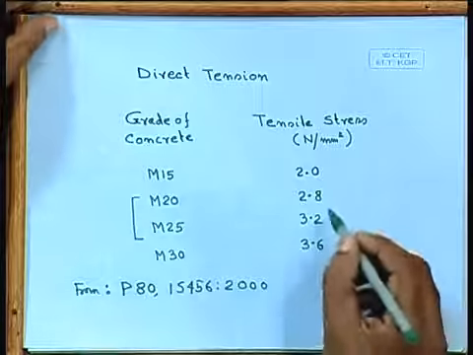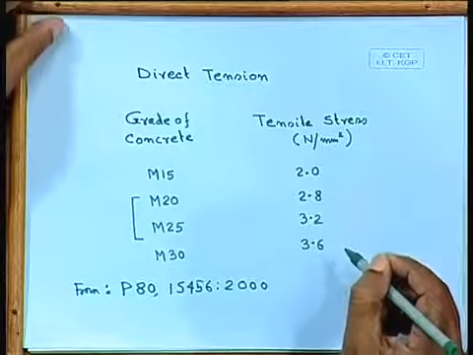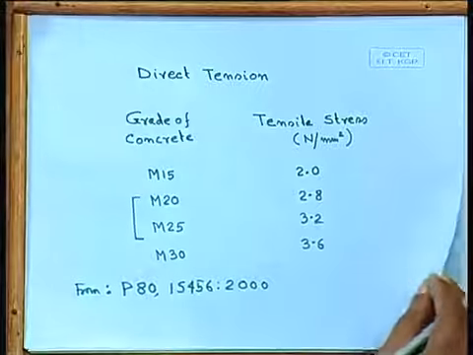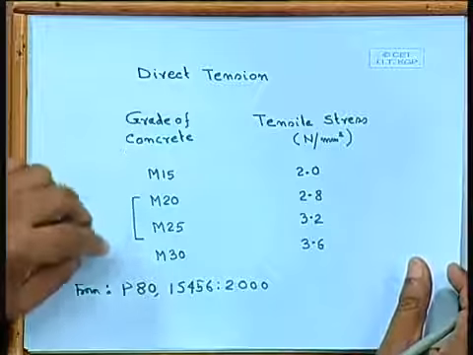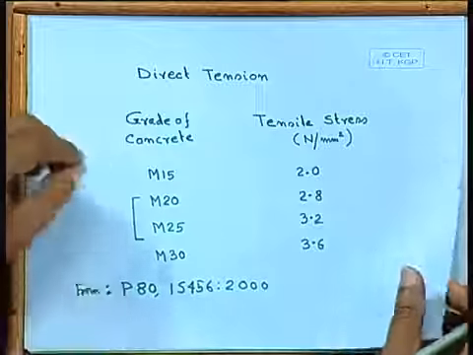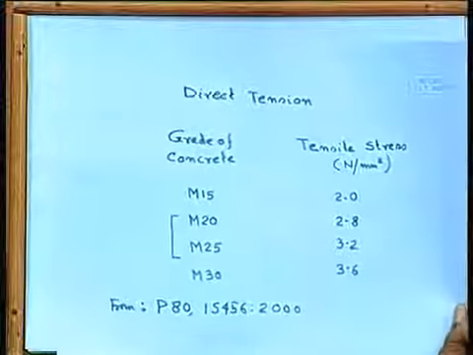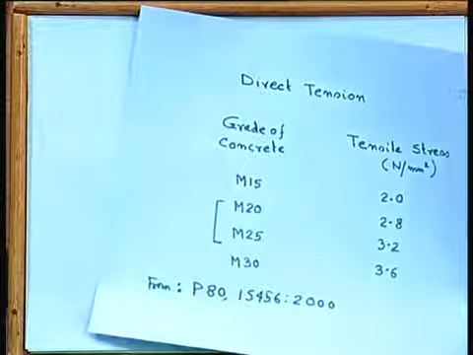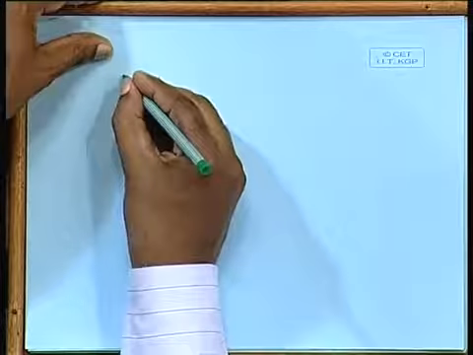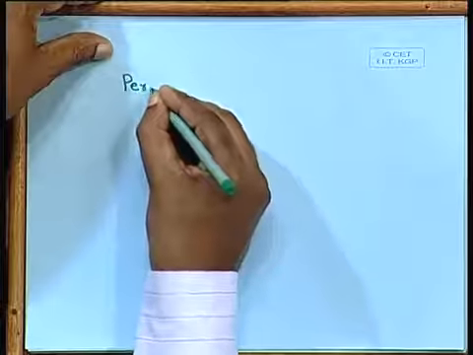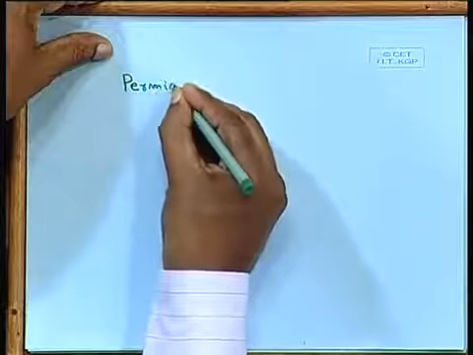We can remember 2.8 and 3.2. Otherwise, of course, it will be specified in the question paper of the examination. So, I can go to the next one, because we should know the permissible stresses, otherwise we cannot design.